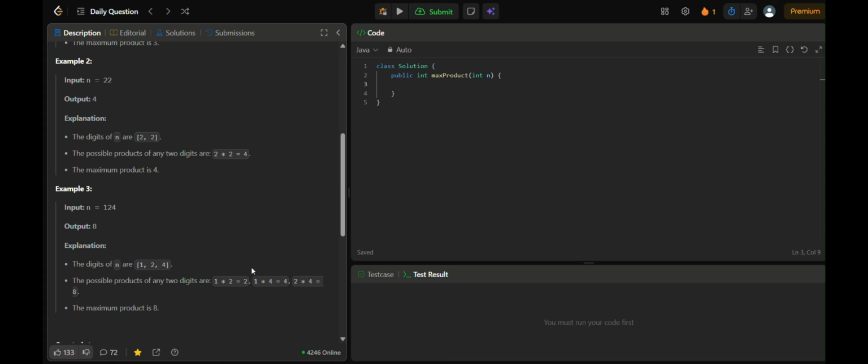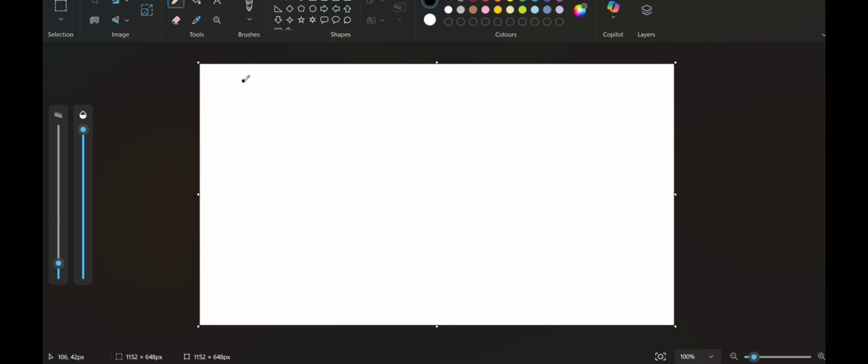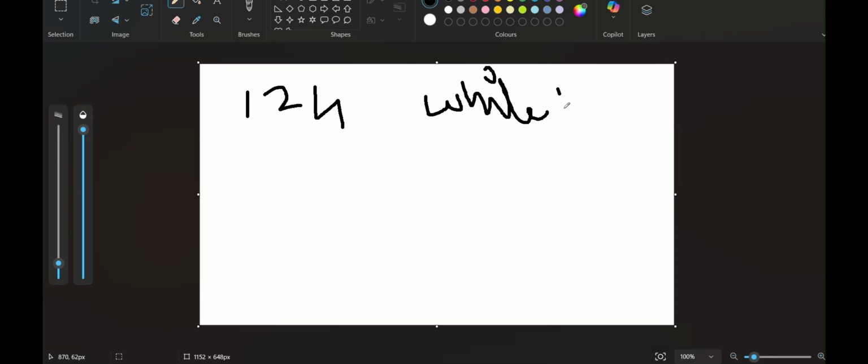We're going to find the maximum value and the second maximum value. Then we can easily find the maximum product of any two digits. For this, the input value 124, I am going to write the while loop like this. 124 is going to run until it is not equal to 0.